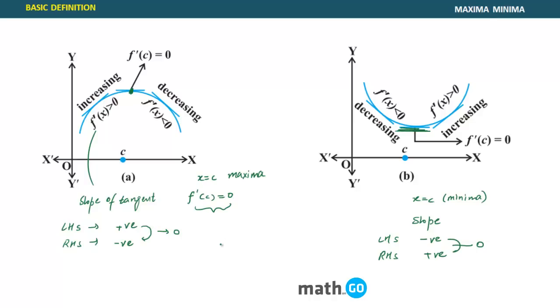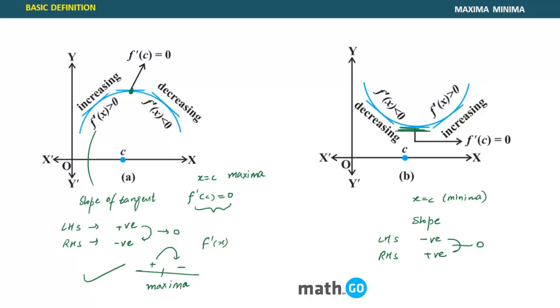Now why I am emphasizing this particular concept is that this is how you can actually remember. Whenever the slope, f dash x, changes from positive to negative, from left to right hand side, this signifies a point of maxima. Very important definition.